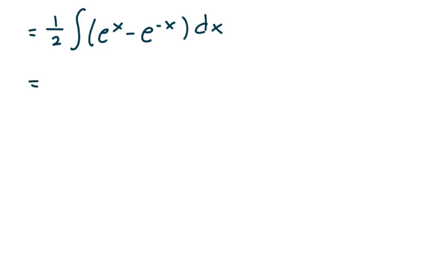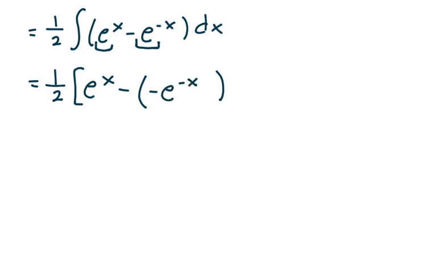Now, here, I get 1/2 of the integral of e to the x dx is e to the x minus, and I claim the integral of e to the negative x dx is negative e to the negative x plus c.